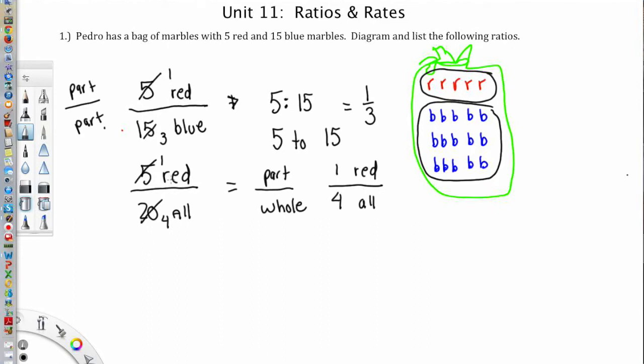Okay, and if we can compare red to all, we can also compare blue. We have 15 blue to 20 marbles in all. This again is a part to whole ratio.